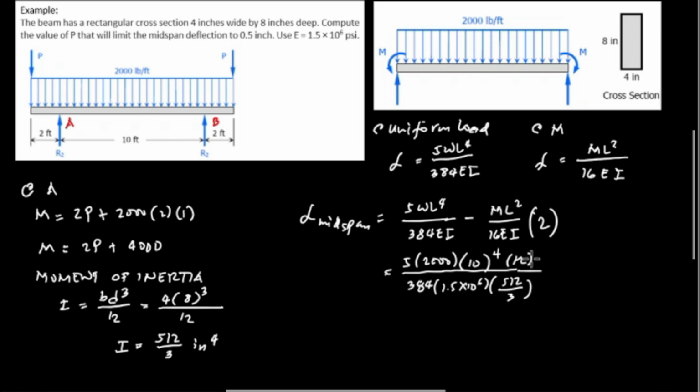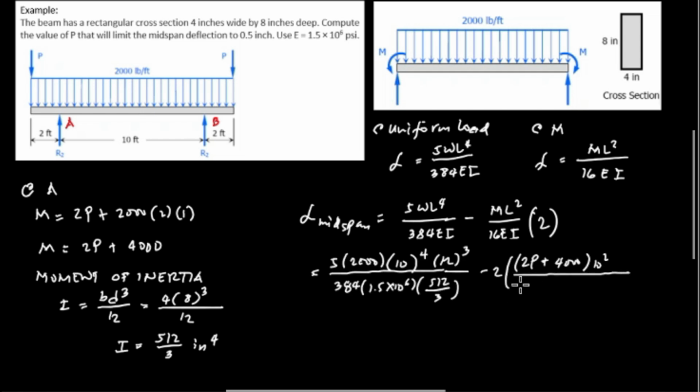So we will extract 12 cubed, minus twice M, which is the end moment of 2P plus 4000, and L is 10 feet squared, and we divide by 16, and E, that's 1.5 times 10 to the power 6, and I, 512 over 3, and we convert foot to inch, and this will be multiplied by 12 cubed.